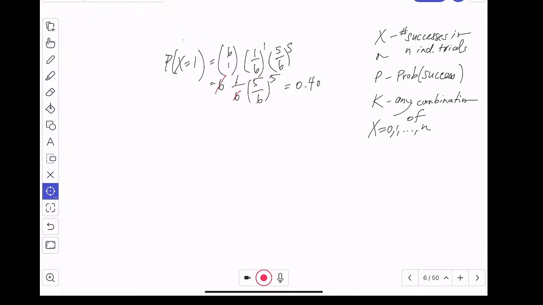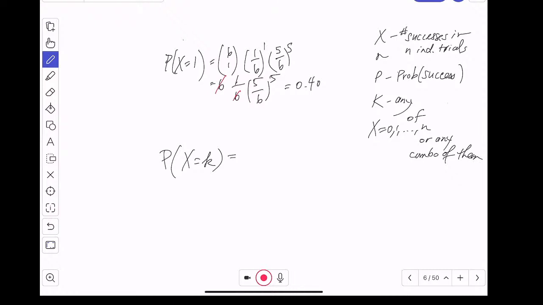So in general, we write the probability x equals k, or any combination of them. So in general, if you just use one at a time, notice this was n choose k in that case.